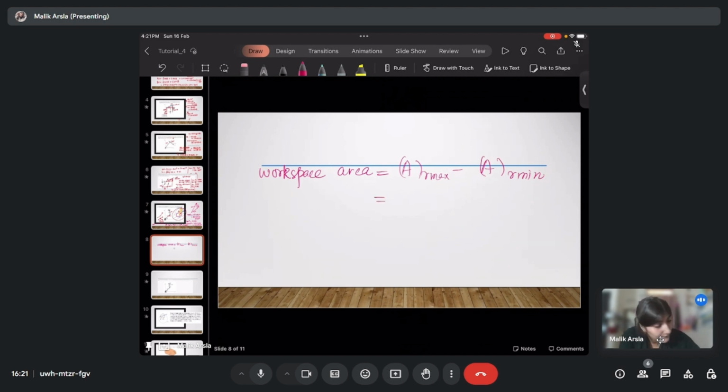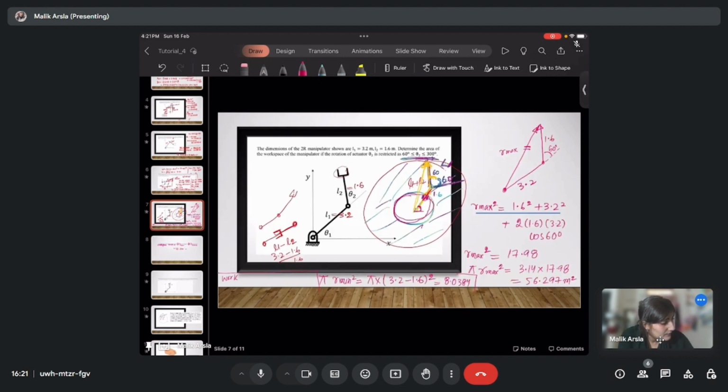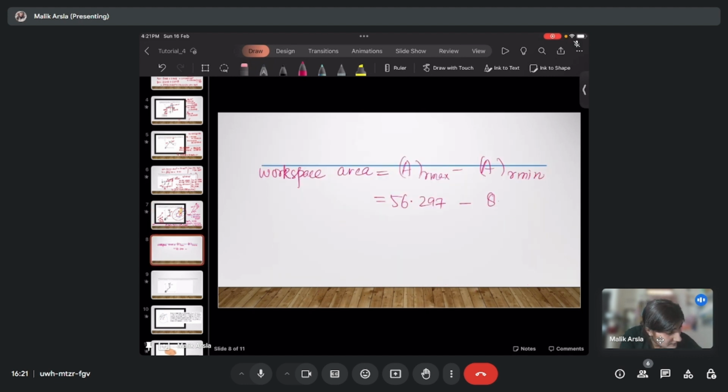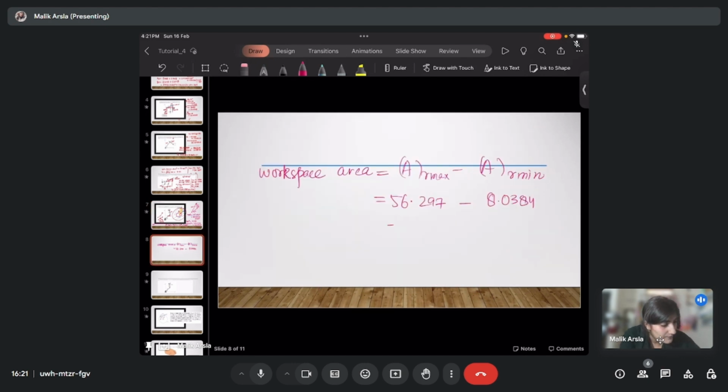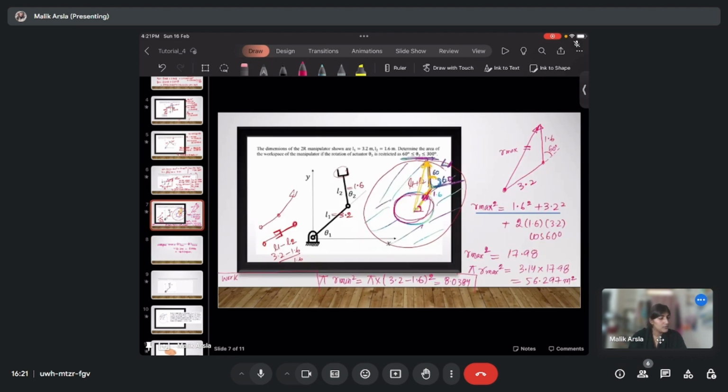So it will be 56.297 minus 8.0384. Was it like that? Yeah. So this is coming out to be 48.2548 meter squared. So that will be your workspace area.